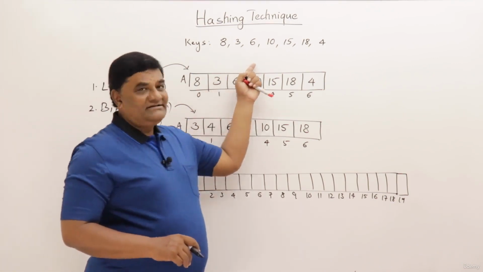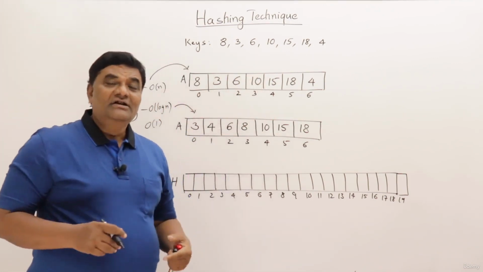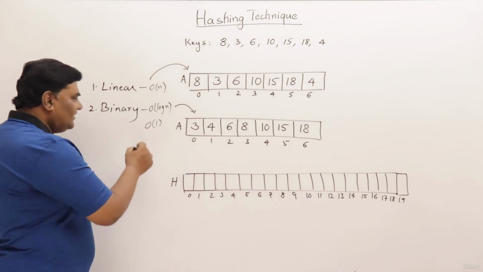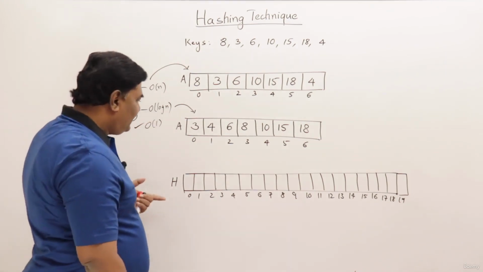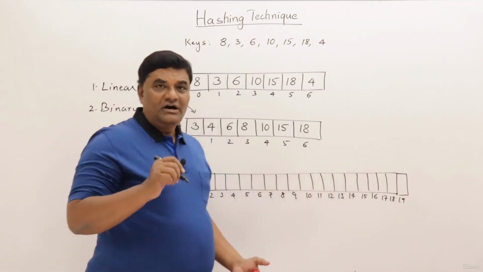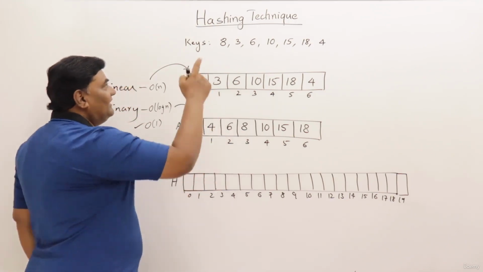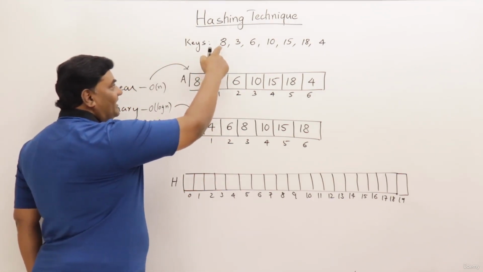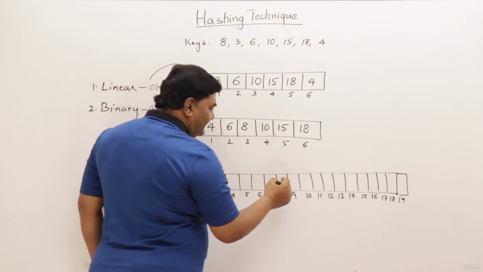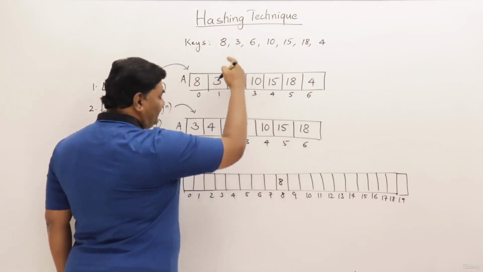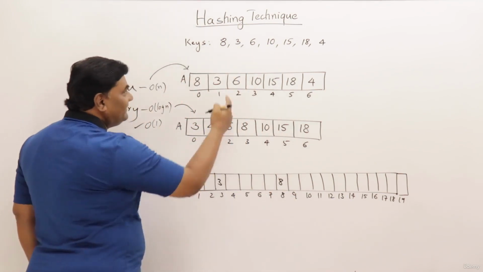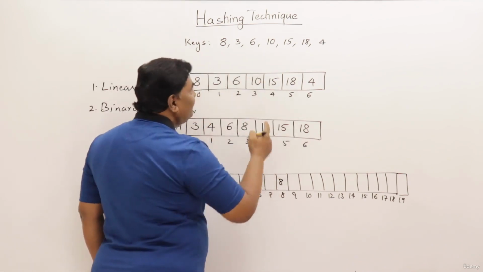If we have the keys, how should they be arranged so that we can find them in constant time? Here I have already taken an array to show you how these keys should be stored. Let us store these keys here. 8 should be stored at index 8. Then 3 should be stored at index 3, 6 at index 6.